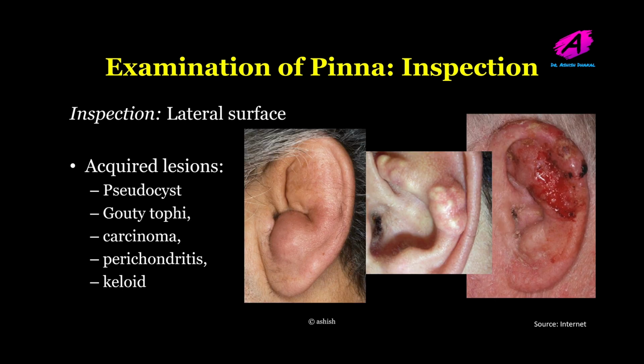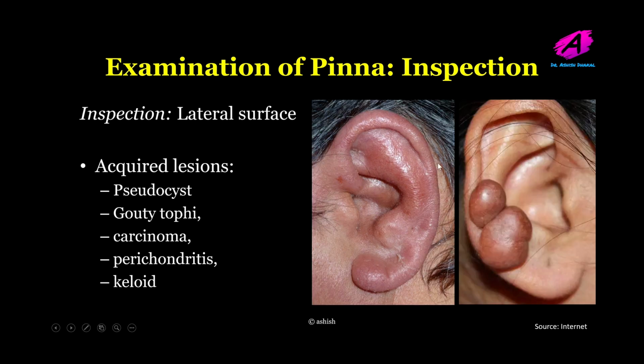You have to check for acquired lesions in the pinna. So if there is any pseudocyst of the pinna, gouty tophi present in the pinna, signs of any carcinoma in the pinna, or generalized inflammation of the pinna suggestive of perichondritis, or whether there is keloid in areas of piercing of the pinna.